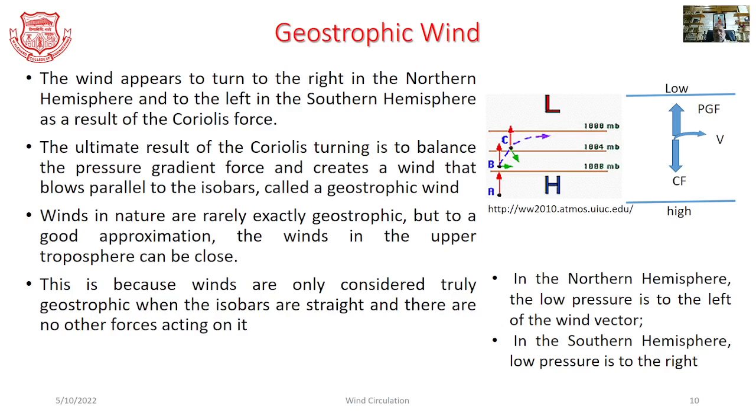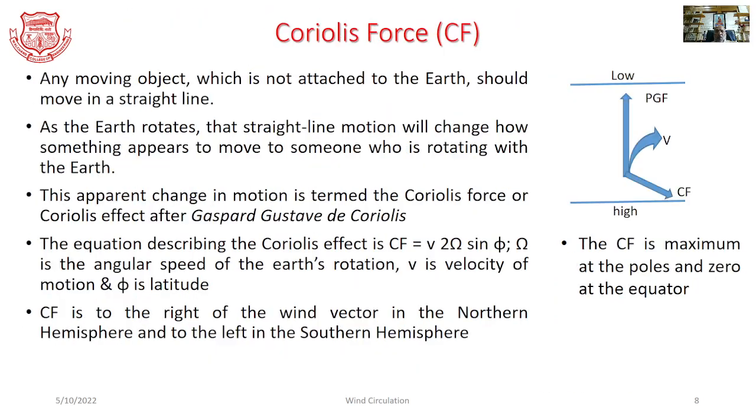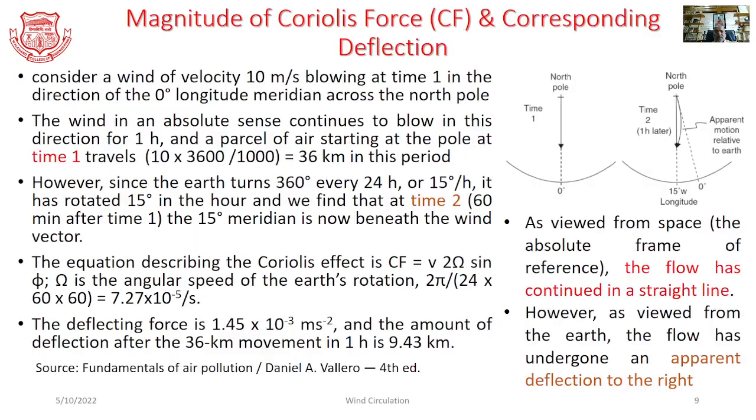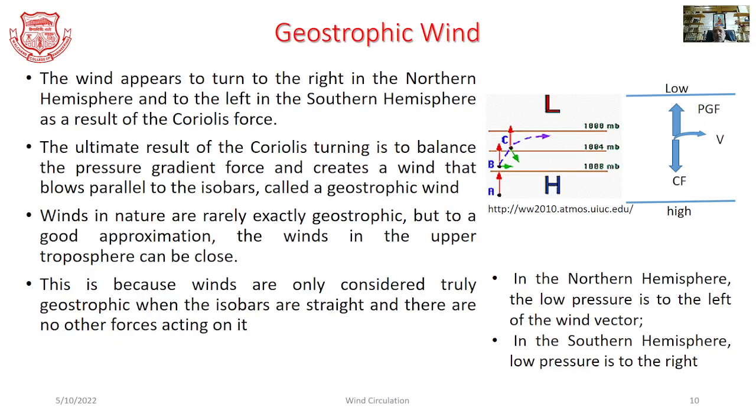Having discussed about now the Coriolis force as well as the pressure gradient force and the way they act, the effect of the rotation and the subsequent effect of the Coriolis force on the deflection, we can discuss about the geostrophic wind.